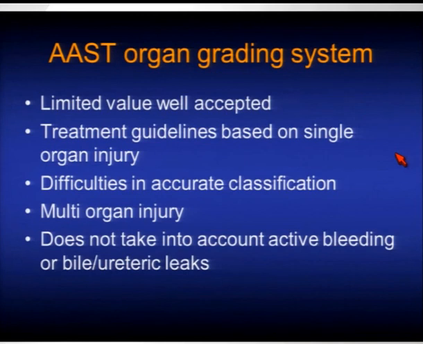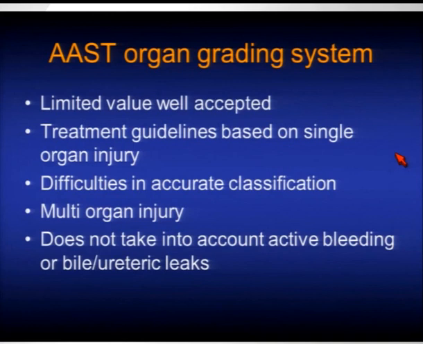But there are a lot of limitations with the AAST organ grading systems, and principally among these is that it does not take into account vascular imaging or vascular injury, and it doesn't take into account things like bile leaks. So you can have a large laceration with minimal vascular injury, which would be a high grade but less severe injury than a small laceration that's resulted in vascular injury.